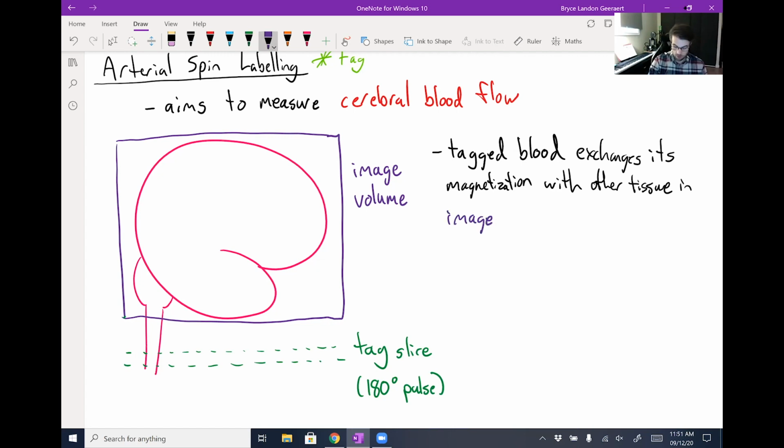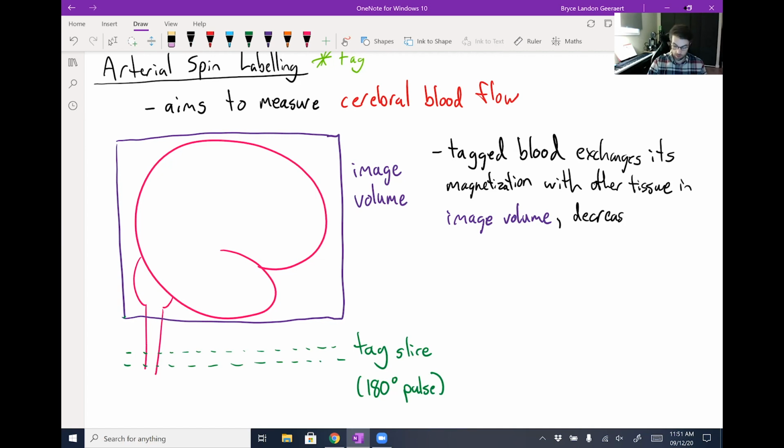And that again is done through T1 and T2 effects, right? Where spins that have been excited just give their energy away to whatever's around them. So this is happening with the tagged blood and surrounding tissue in the brain. And this results in a decrease in available signal.